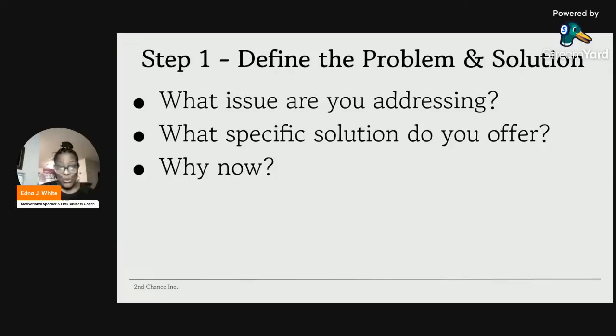And then what specific solutions do you offer? And then the last and final thing is, why now? I'm going to give you about a minute to figure that out. And it starts now.